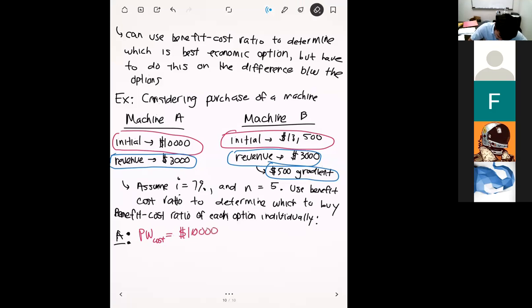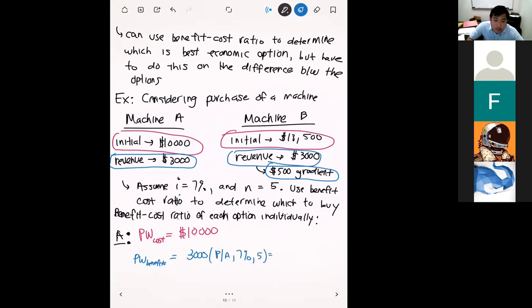Meanwhile, for the present worth of the benefits, we have $3,000, but because this is a uniform series, a revenue that recurs every year, we have to convert it to the present sum using P over A. The interest rate is 7% and N is 5.